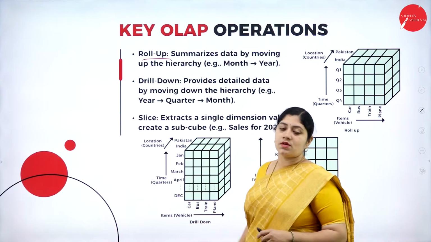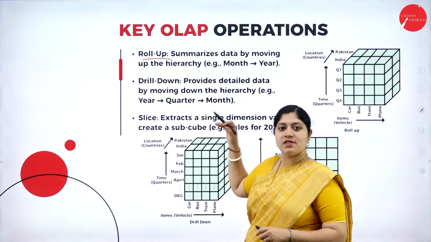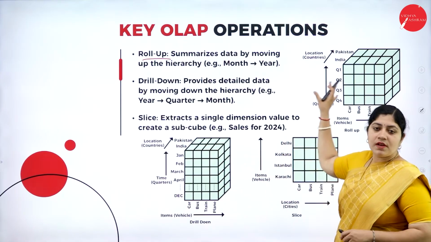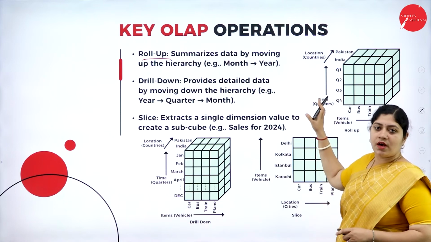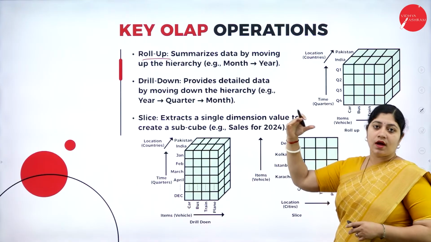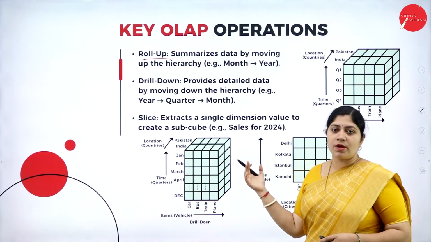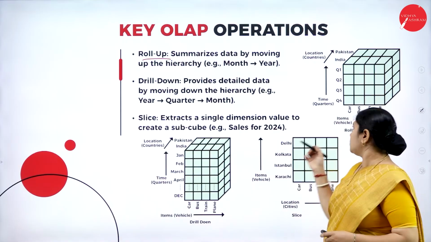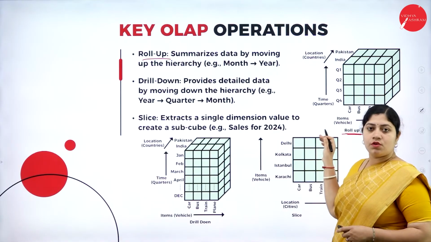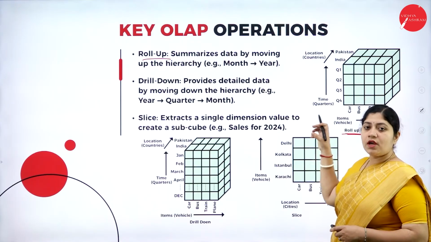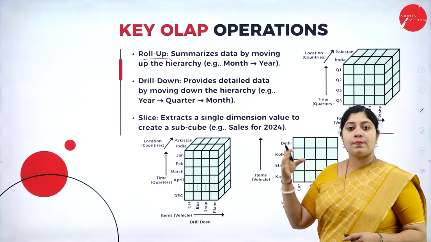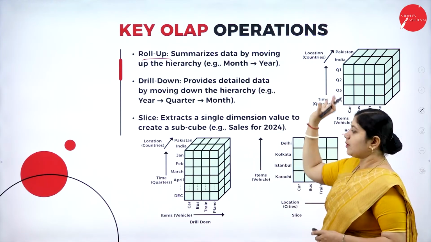This is a prominent as well as basic operation type. What happens here is we have some hierarchy, and that hierarchy is moved up in order to create a summary of the data or the information. You can observe here this is a roll up cube, and from here information will be moved up in order to summarize the complete information.